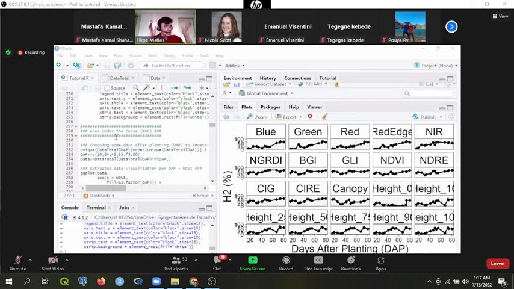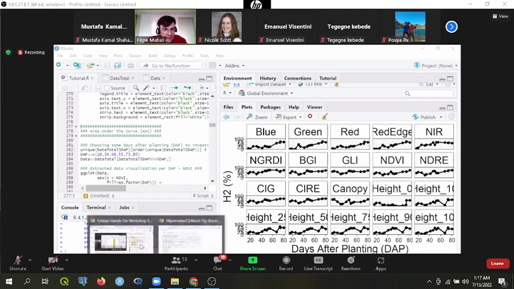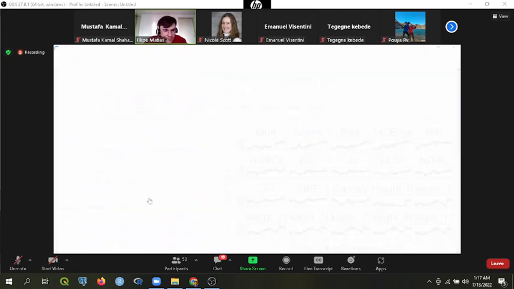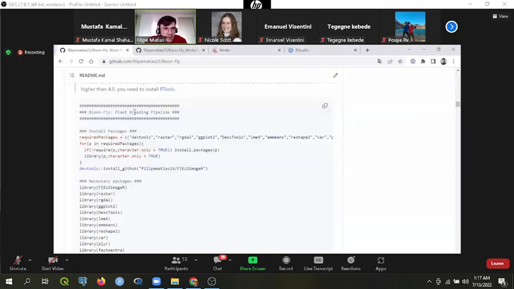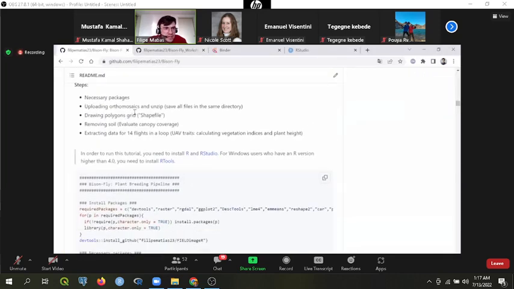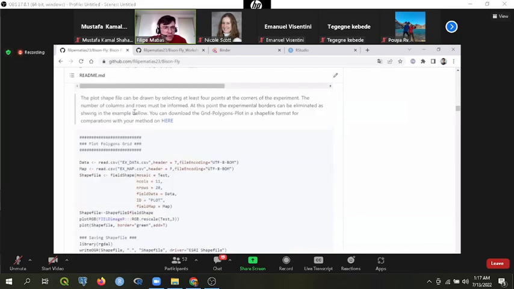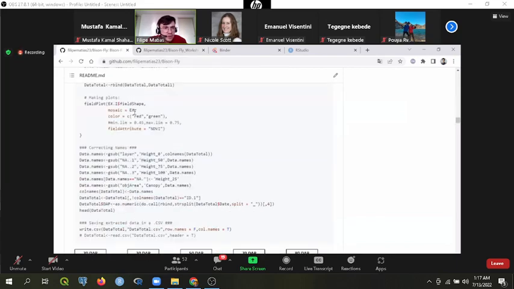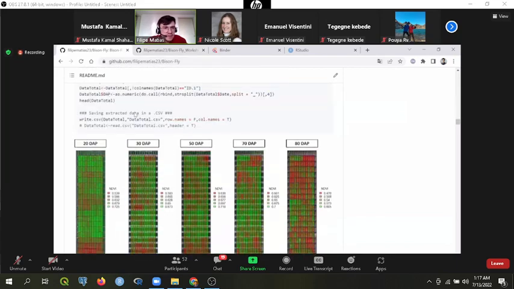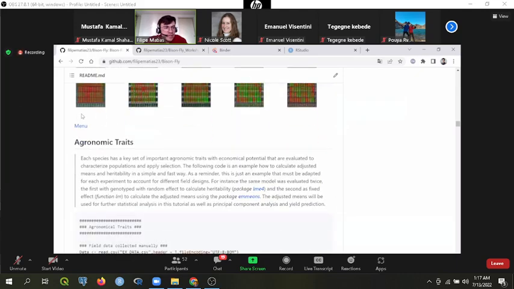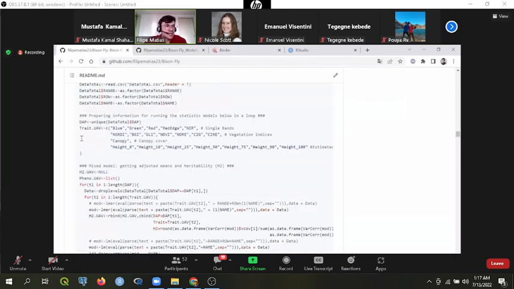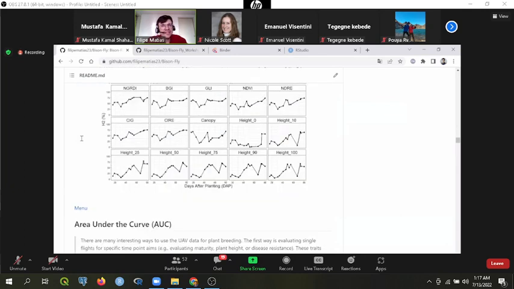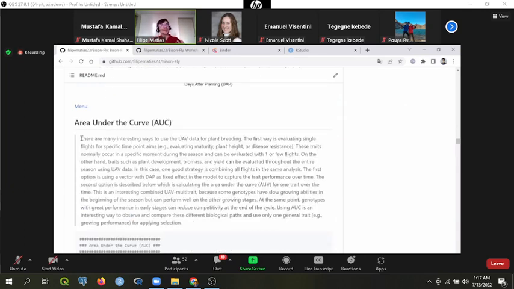Once we check the heritability, continue here in our tutorial. Let's come back there. We did discuss all the steps that we just saw, the heritabilities, and the importance of the area under the curve. The area under the curve is a trait that we normally calculate when the whole cycle matters.